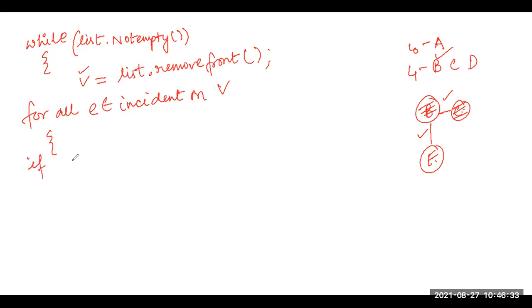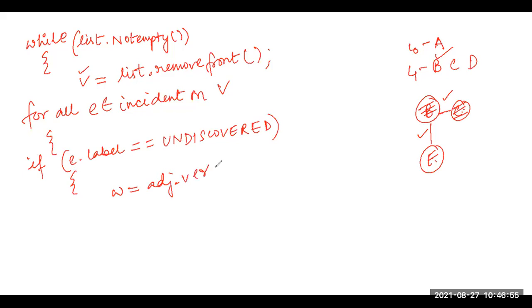So what were we doing? If the label of that edge was undiscovered, the adjacent vertex we were considering.